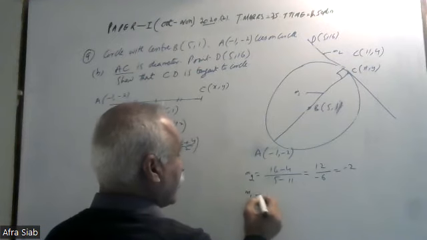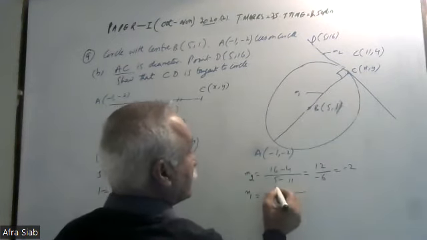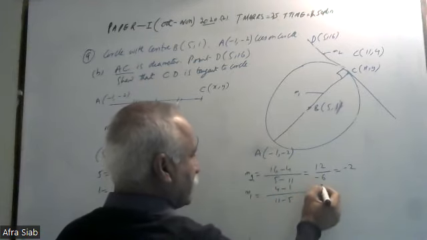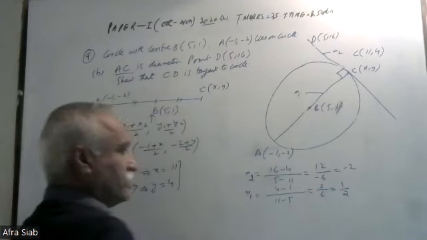And the gradient M2, which is from B to C, that is (4 minus 1) over (11 minus 5), that is 3 over 6, that is equal to 1 over 2.